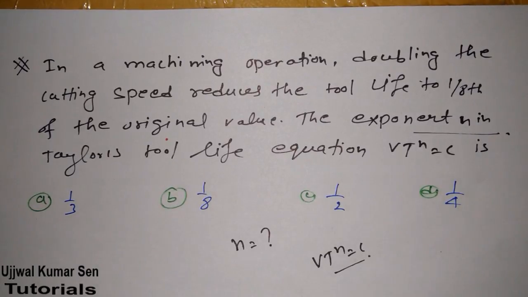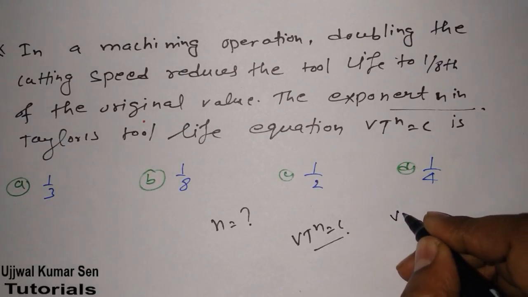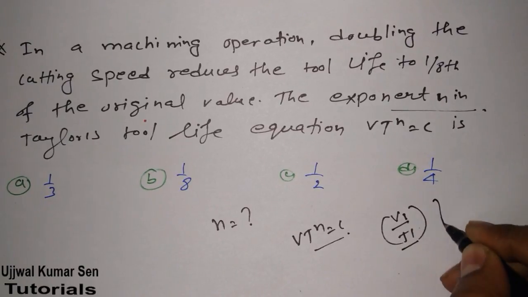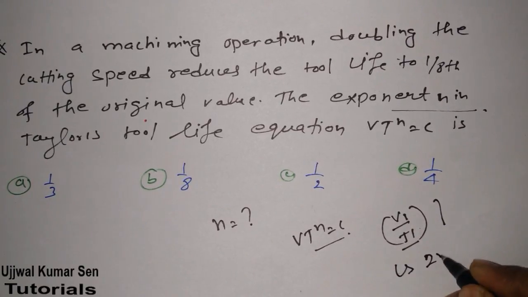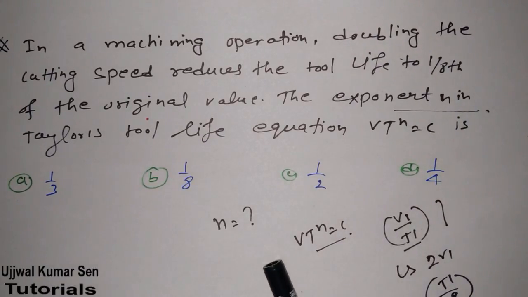So in this question, in a machining operation, doubling the cutting speed reduces the tool life to, okay. So they are saying there is a case v1 and t1. Okay, so we have v1 and t1 given. If I am increasing it to 2v1, then its tool life is t1 by 8. Sorry for that.